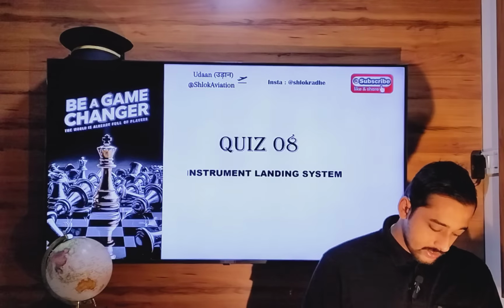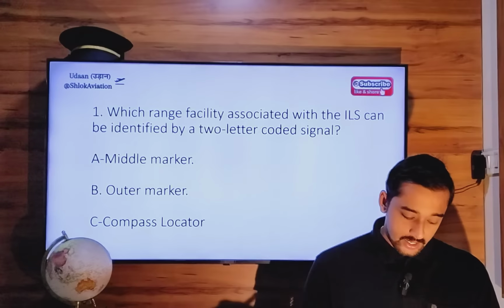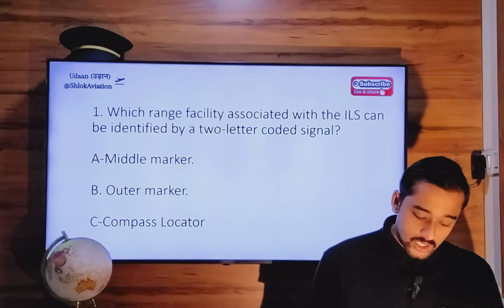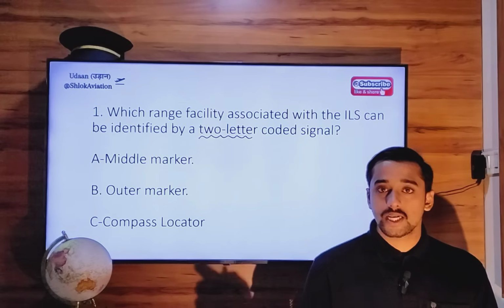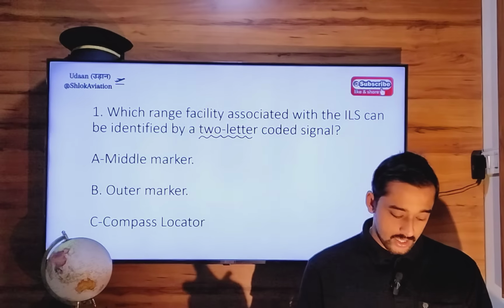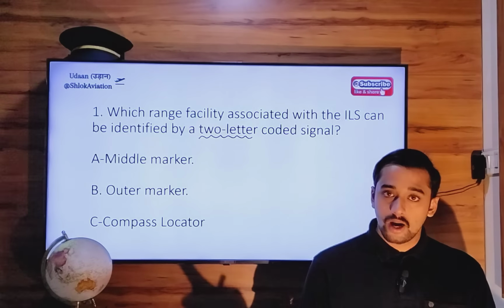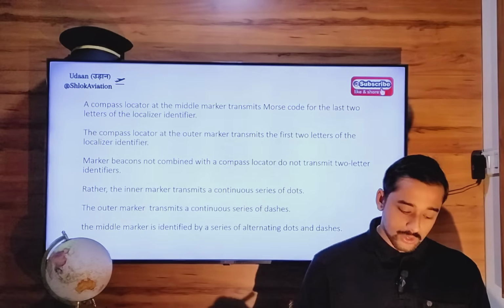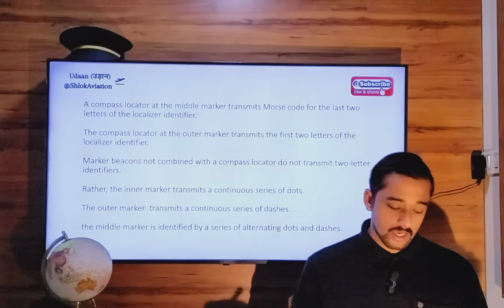Question number one, which range facility associated with the ILS can be identified by a two-letter coded signal? Two-letter coded signal. Middle marker, outer marker, compass locator. Now the correct answer to this question is this explanation. Read it.